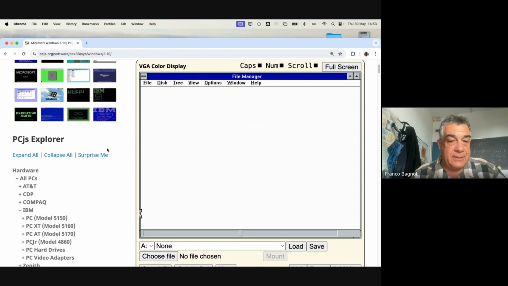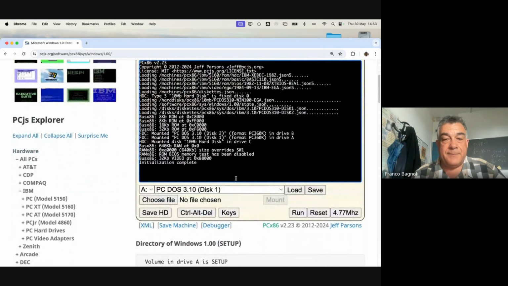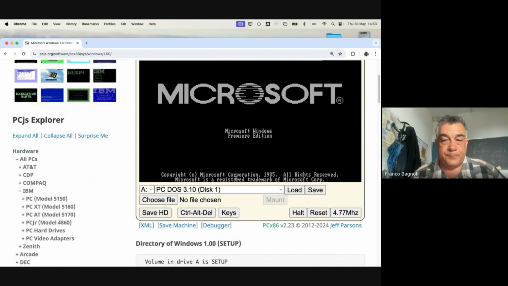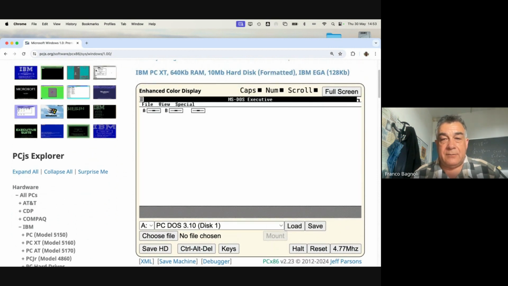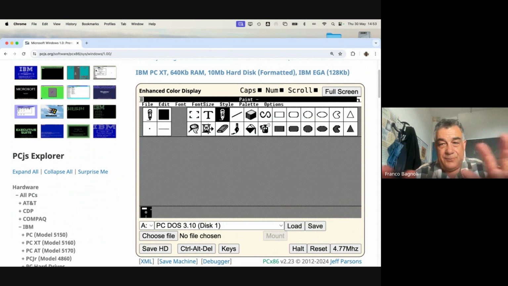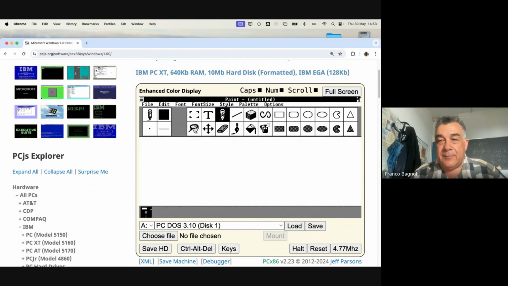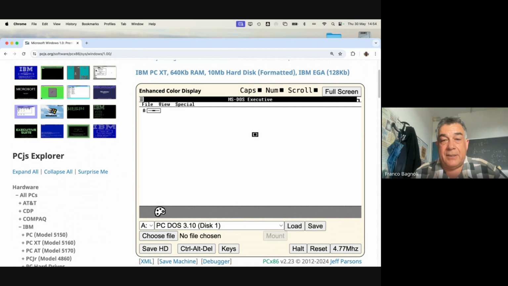While, for instance, if you run the first version of Windows, you see that it had non-overlapping windows. So if you launch something, for instance Paint, it had to occupy all the screen, because you could not have more than one application using the screen.